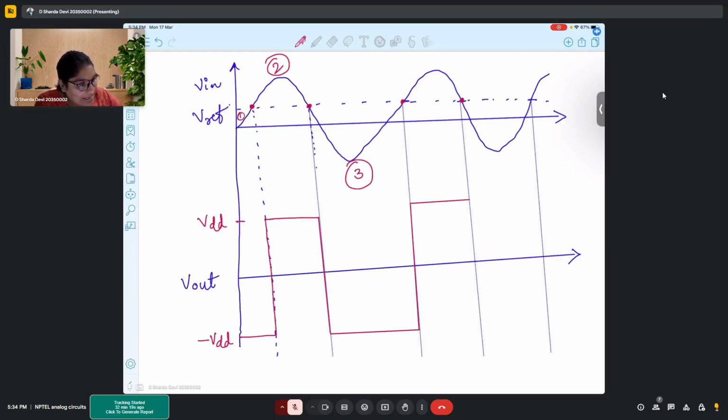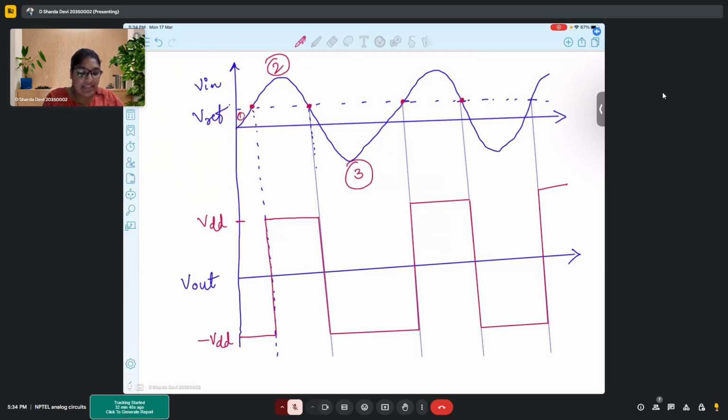Until this point. Then again, your Vin is reducing. So here again we come down with Vout becoming minus VDD. Then again it goes up, right? So here, if you observe very carefully, you're getting some sort of a square wave, right?